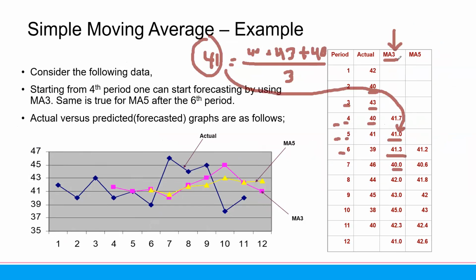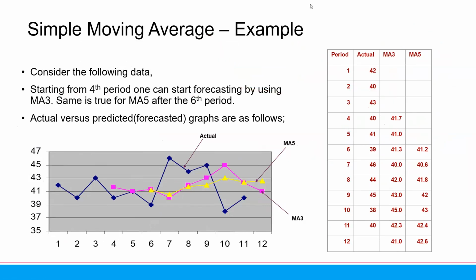We call this MA3 because we calculate this on 3 periods. What about MA5? MA5 means we have the moving average for 5 periods. If we have 5 periods, then we have 1, 2, 3, 4, 5.